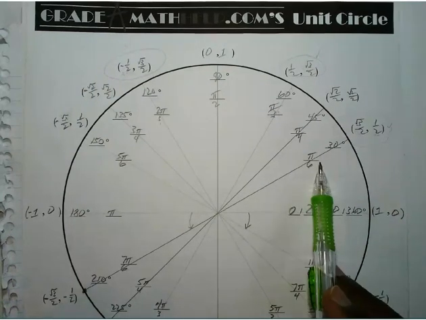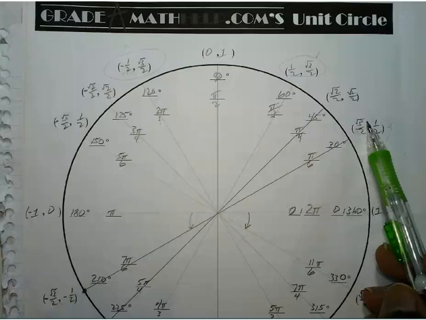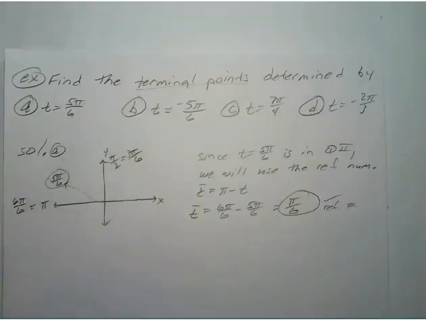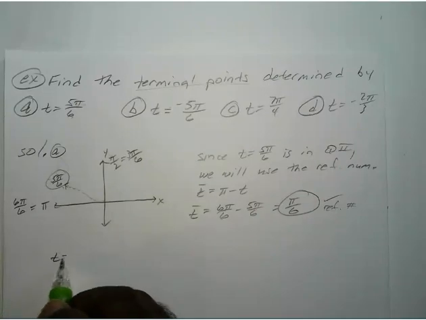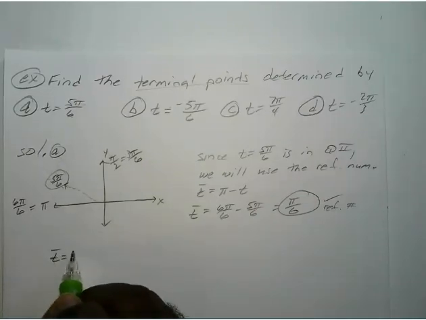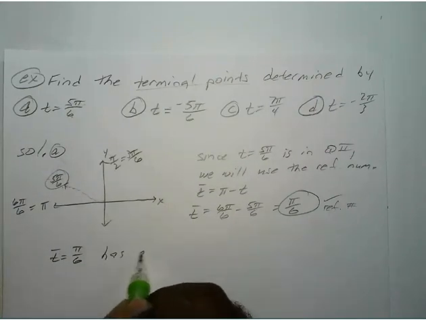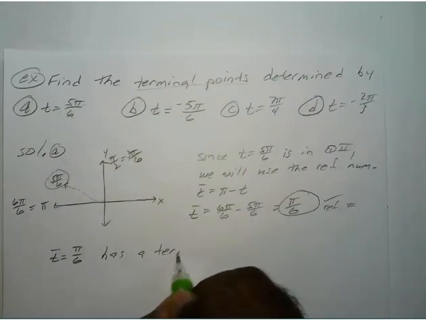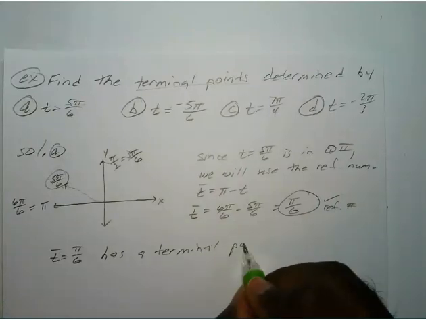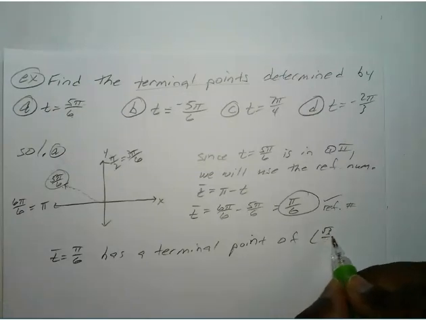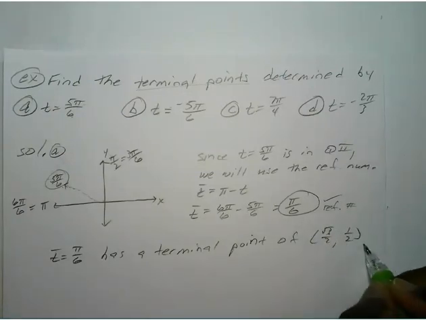So we see that t equals π over 6 is square root of 3 over 2 and 1/2 for your x and y. Okay? So what that tells us is that your reference number, t bar, equals π over 6, as a terminal point of square root of 3 over 2, 1/2.